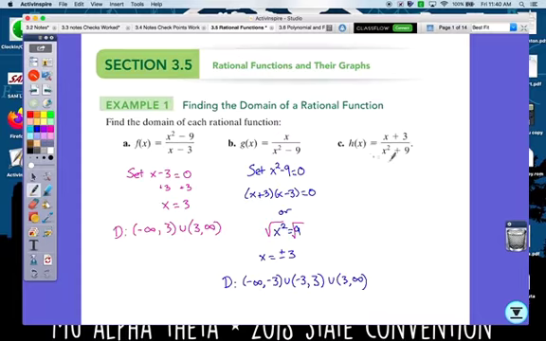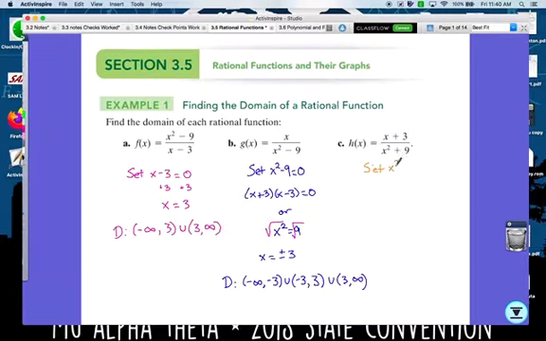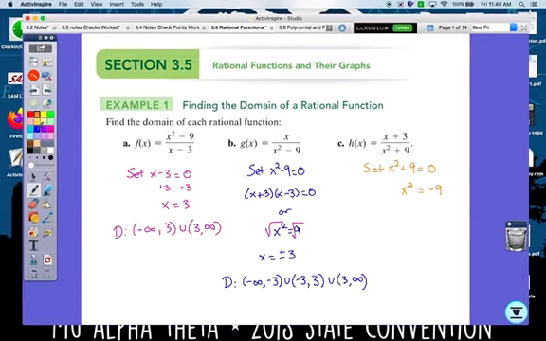Then you can look at C here. If we did the same thing, if we set x squared plus 9 equal to 0, this one does not factor. If you brought the 9 over by subtracting it, then when you take the square root, you're taking the square root of a negative, which gives imaginary numbers, an imaginary positive or negative 3i.